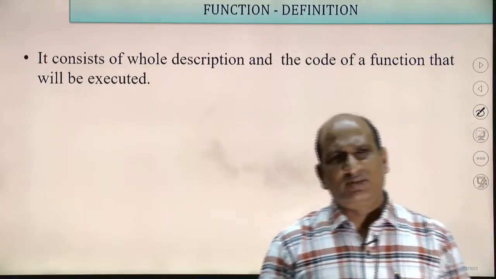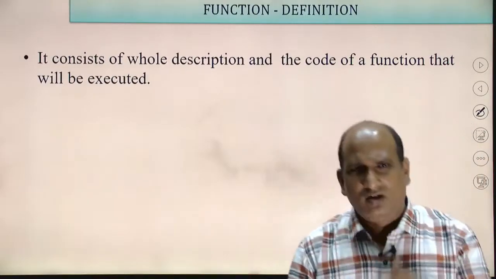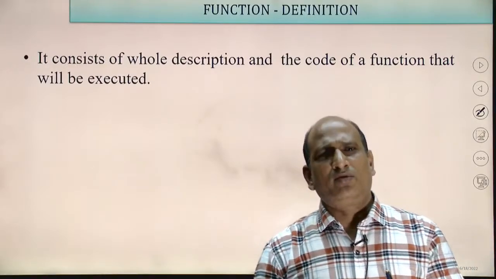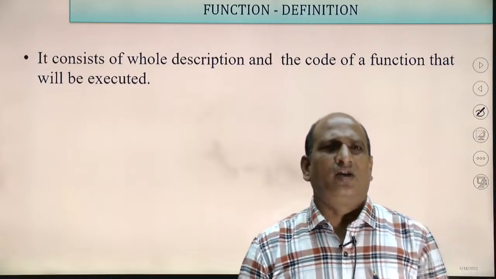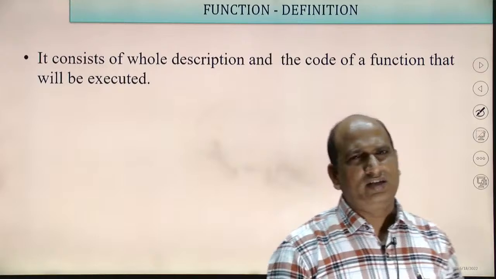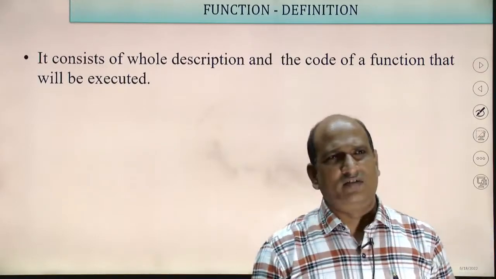But if we specify the definition below the main function, outside the main function, then we have to declare it also above the main function, to make the main function aware of this user defined function.